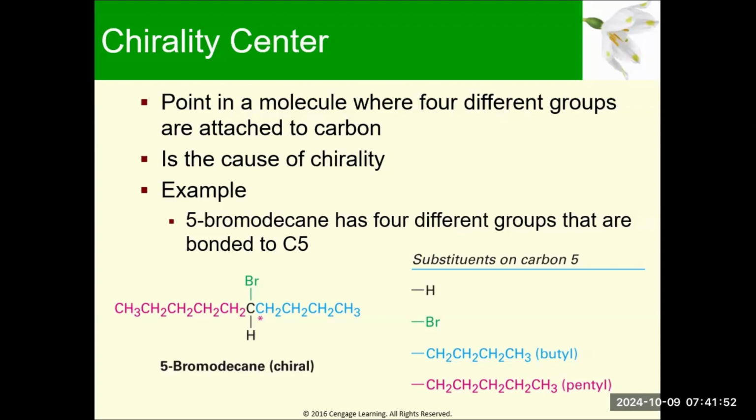The star carbon in the middle is bonded to a bromine, a hydrogen, and then on this side you have a 4 carbon chain, and on this side you have a 5 carbon chain. Because this carbon does not have any symmetry, we will consider that chiral.